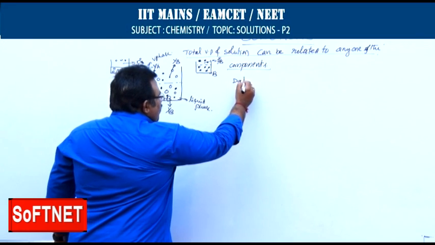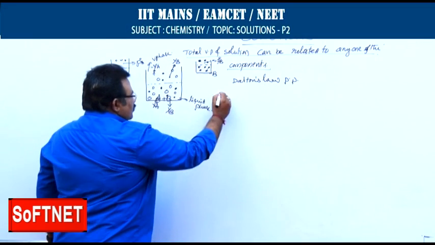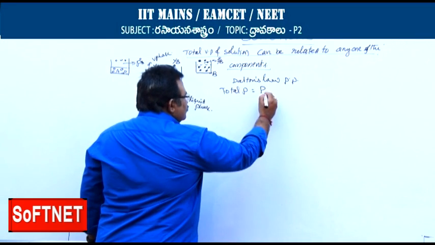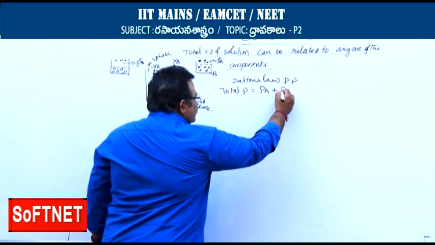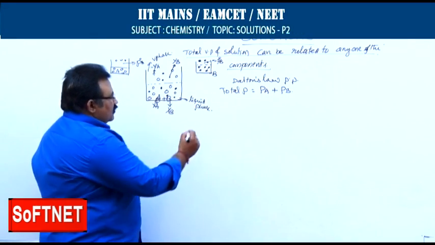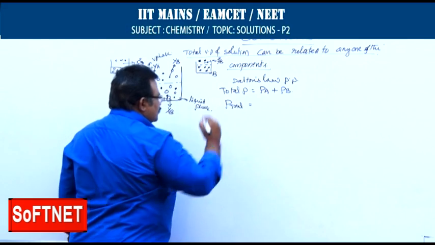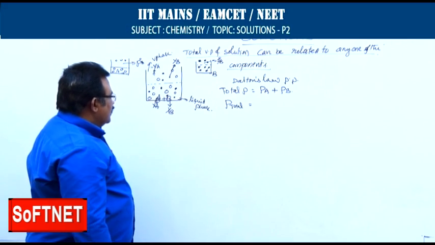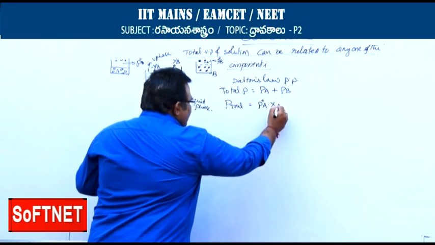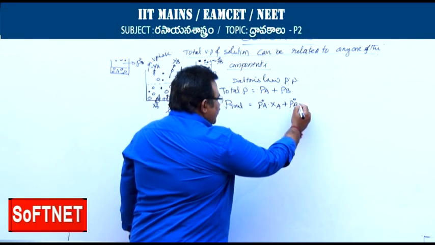According to Dalton's law of partial pressures, total pressure is the sum of the partial pressure of A liquid and partial pressure of B liquid vapors. Now, P total of the solution is equal to P0 A into XA plus P0 B into XB.